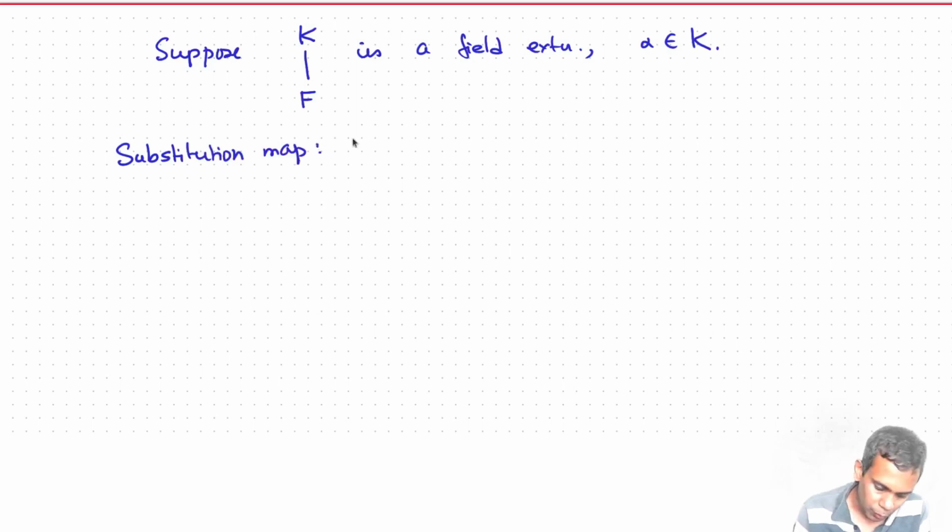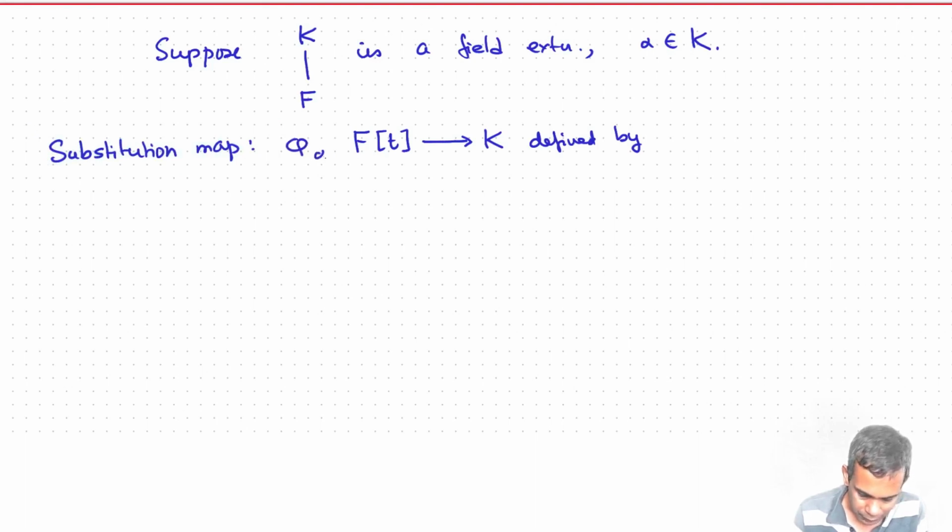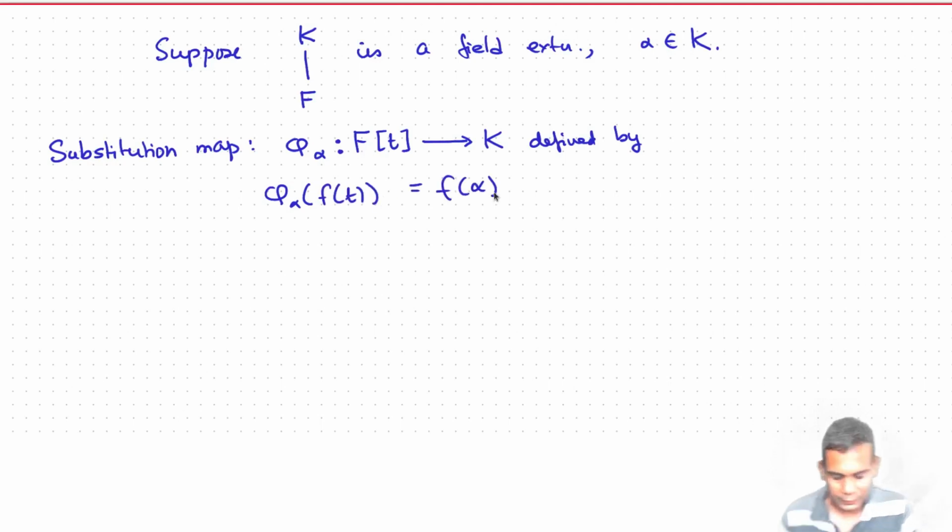This is a ring homomorphism from the polynomial ring F[T], maybe I should call the variable T here, to K. Let's give it a name, we'll call it phi subscript alpha, defined by phi subscript alpha of a polynomial f(T) is the polynomial f evaluated at alpha.